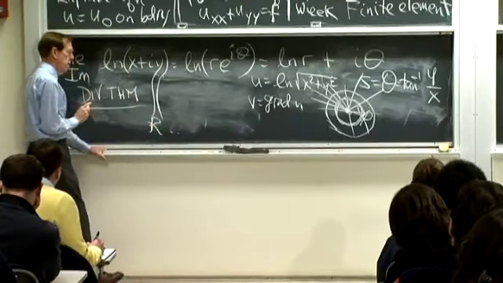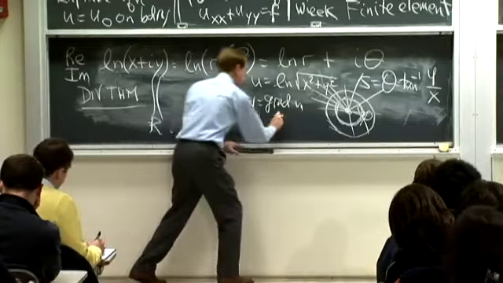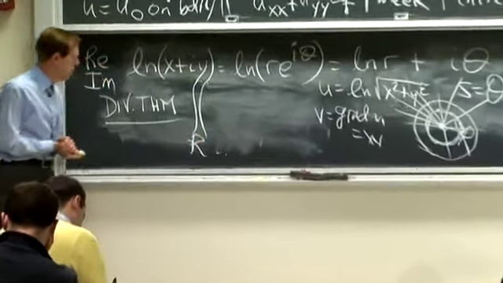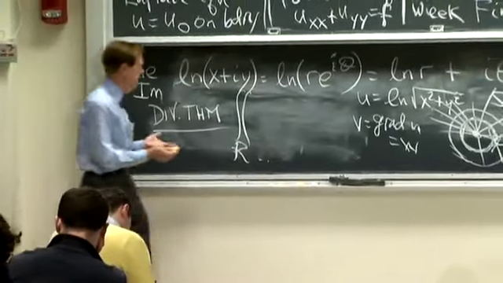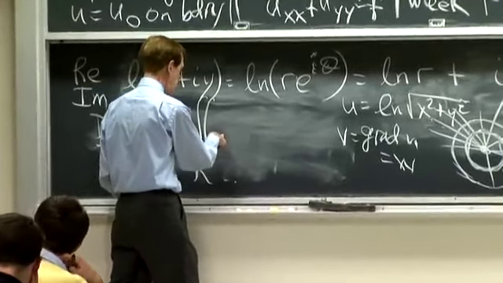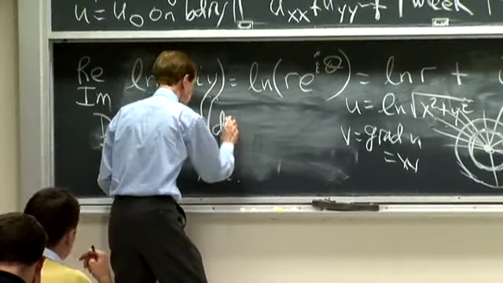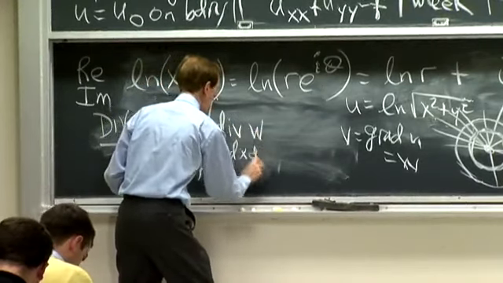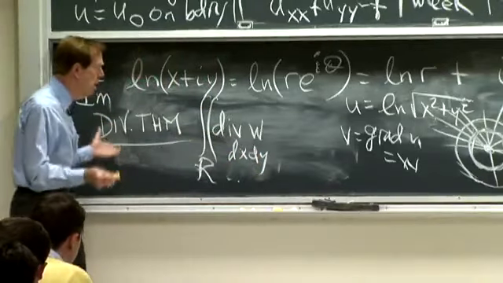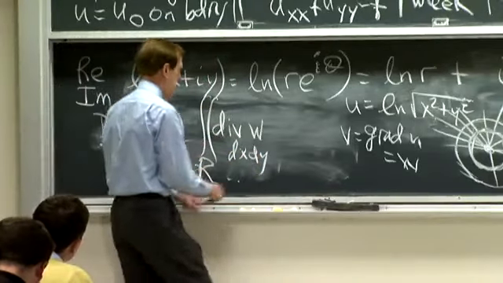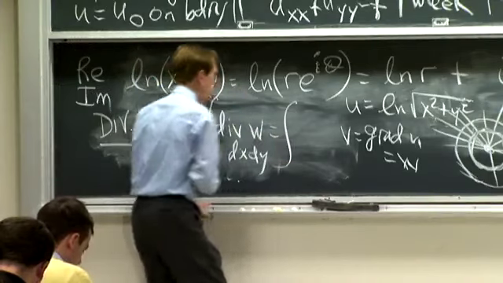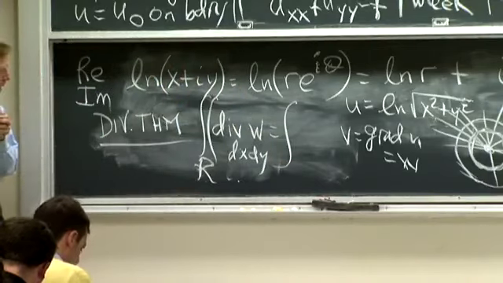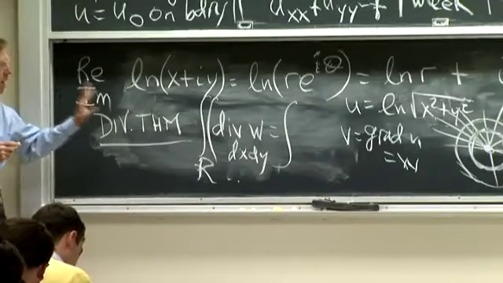So what's the deal? V is the same as w. What does the divergence theorem tell me? It tells me that if I integrate the divergence of w dx dy, or r dr d theta, then I get the flux. This is a key identity.